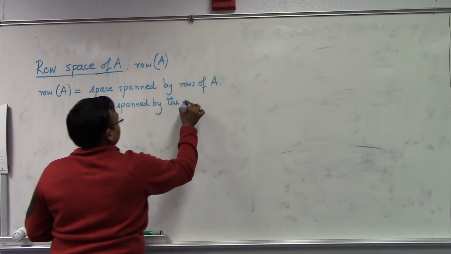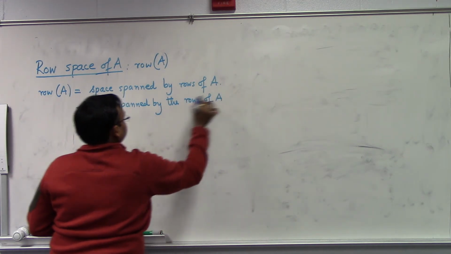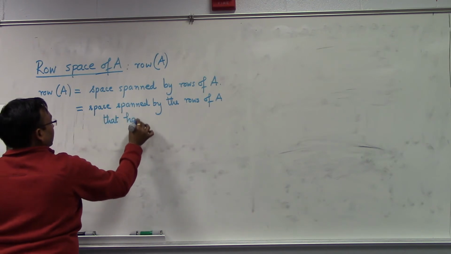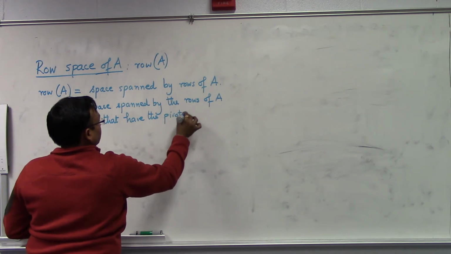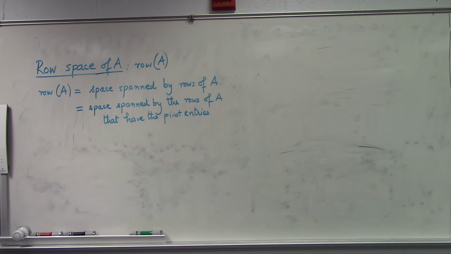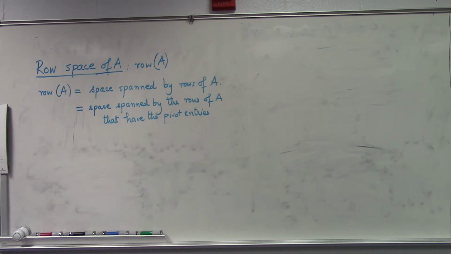the rows of A that have the pivot entries, or the so-called pivot rows of A. Because anything which does not have a pivot entry must be a dependent row, and hence it really is not contributing anything extra or new.